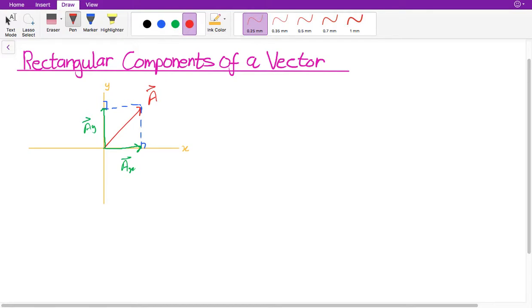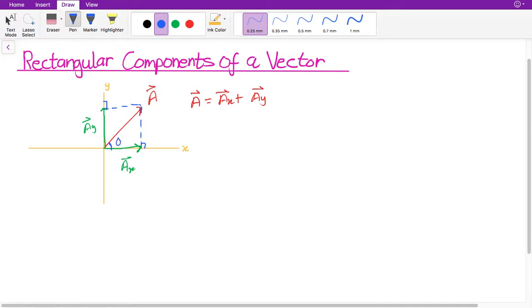Now we can write vector A as the sum of its components, which is A sub x plus A sub y.